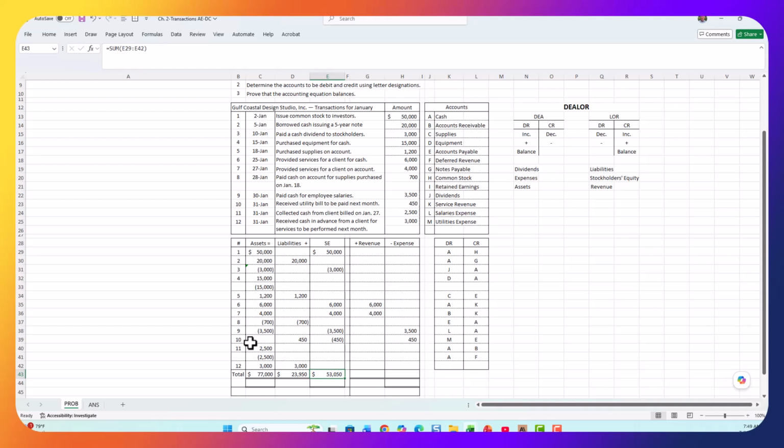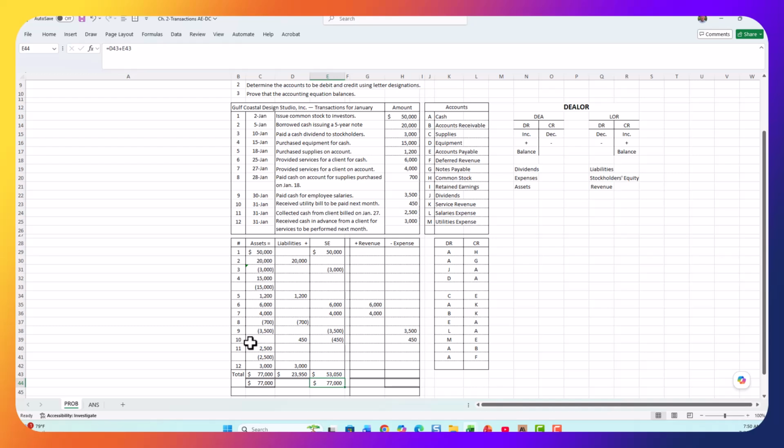Stockholders' equity totals $53,050. When I add the liabilities to the stockholders' equity, I get $77,000. My accounting equation balances. My assets equal $77,000. My liabilities and stockholders' equity equal $77,000.